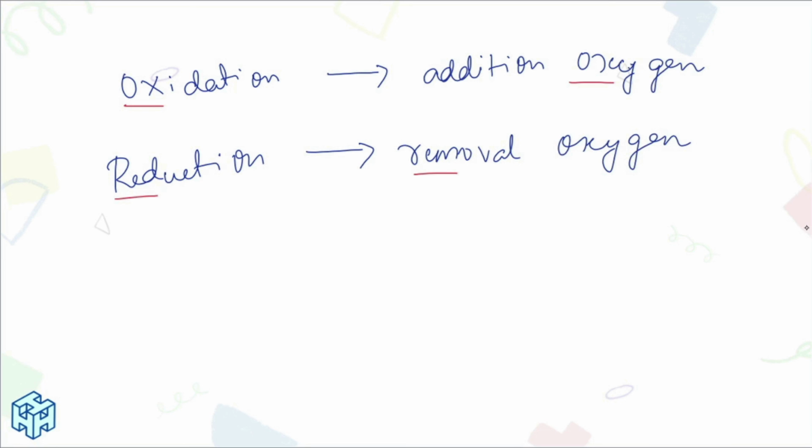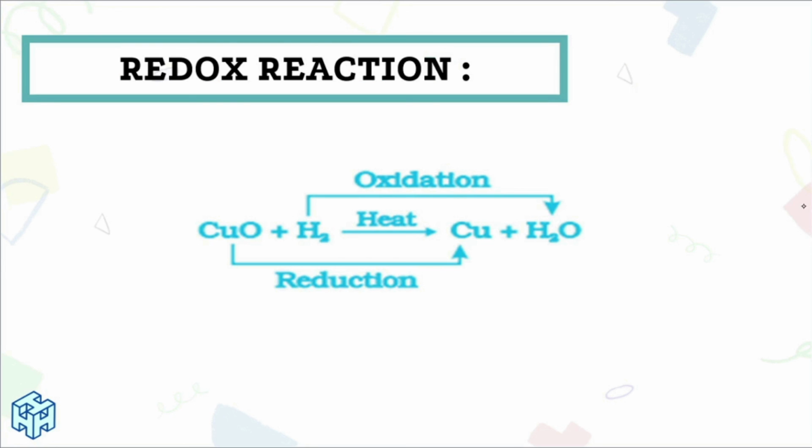Now there is one more thing to understand. Redox reaction. Sir, what are redox reactions? A redox reaction is a reaction in which oxidation plus reduction both take place. Like the last example I explained, here both are happening.